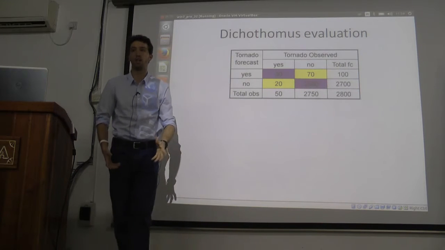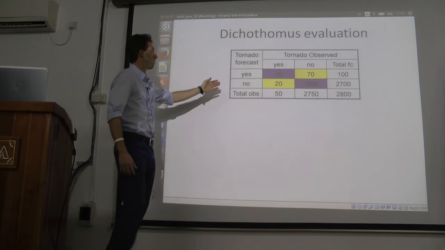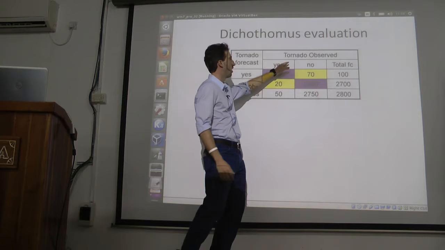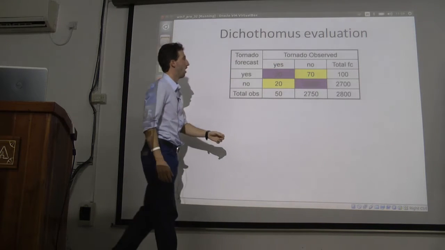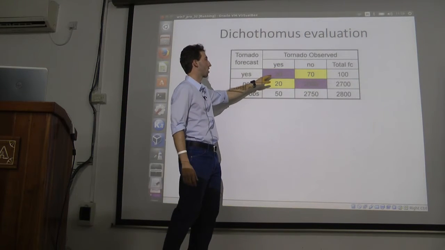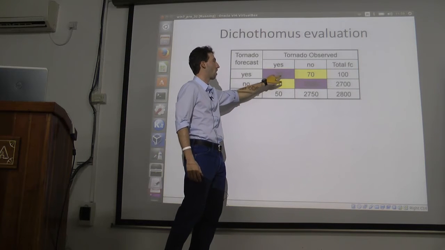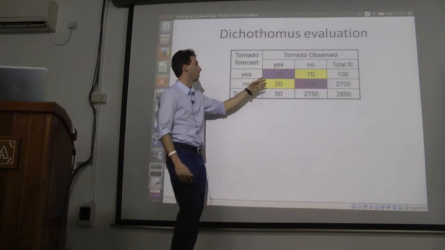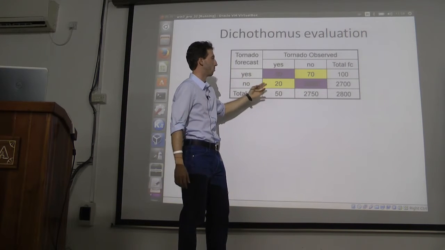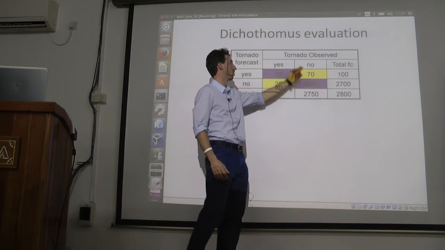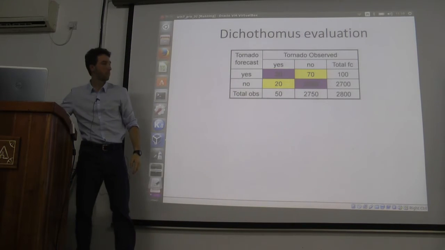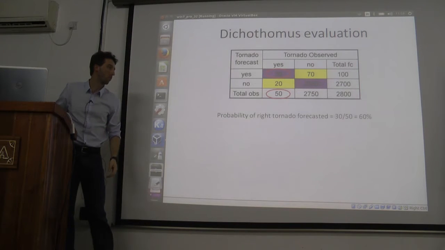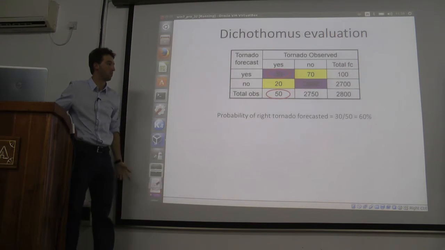evaluate the tornado forecast, so you can make a table with yes or no for forecast, and yes or no for observed, and then you just count how many times you forecast the tornado well, you said yes and it was really observed, and you said no and it was not. And then you compute, for example, that the probability of a right tornado forecast is 60%.